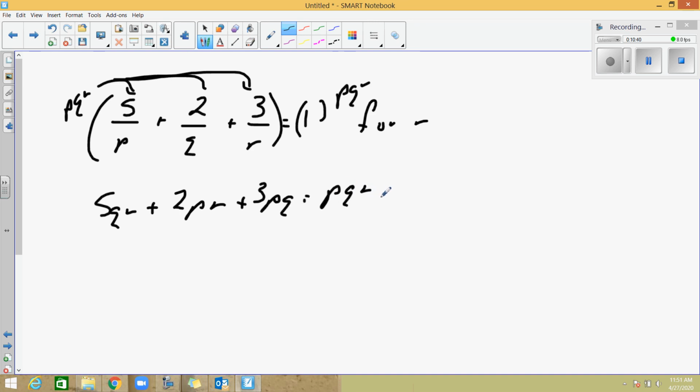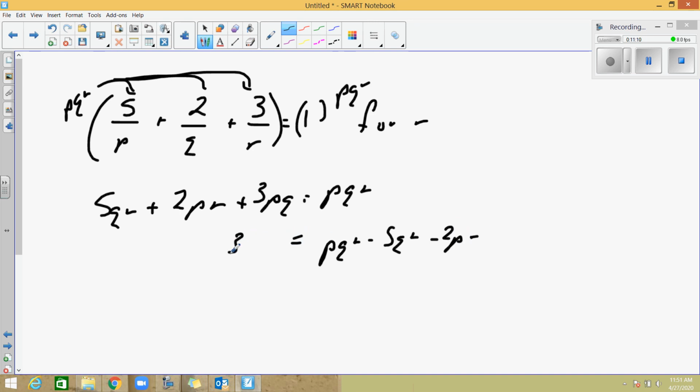Now, here's the fun part, right? I've got to solve it for r, which means I need r's all on one side so I can factor them out. It doesn't really matter which way they go. So I'm going to subtract this, put it over here. I have pqr, minus the 5qr here, and minus this 2pr from this side to put it over here, 2pr.